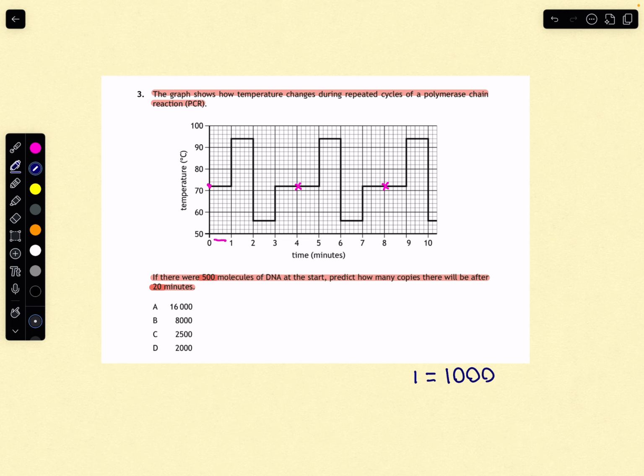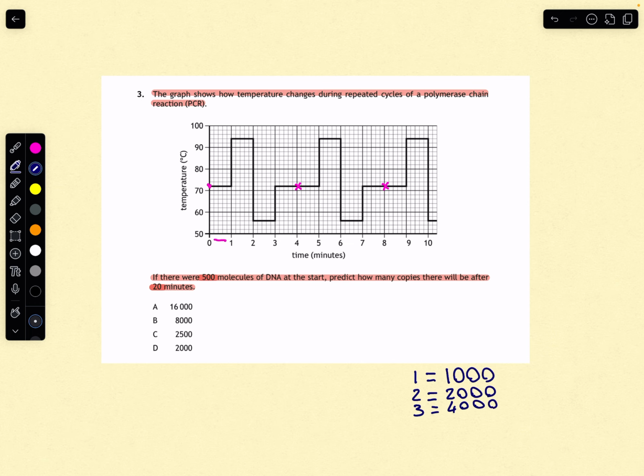As a rule, the first cycle always gives you double what you begin with. The second cycle is going to be double the first cycle, which is going to be 2000. The third cycle is going to be double the second cycle, which gives us 4000. And we keep going like this.